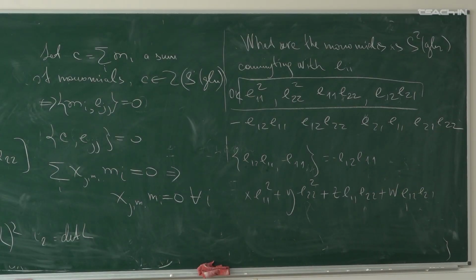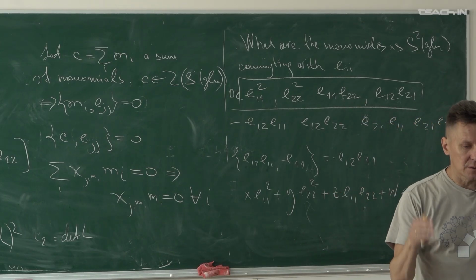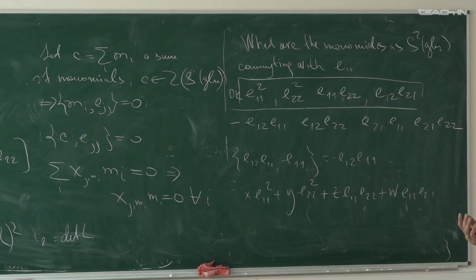Yes, there will be some conditions on x, y, z, and w. I know the answer, but you can find it. So this argument restricts the dimension of the space of possible solutions. It's better to solve the system on 4 variables than on 8 variables.